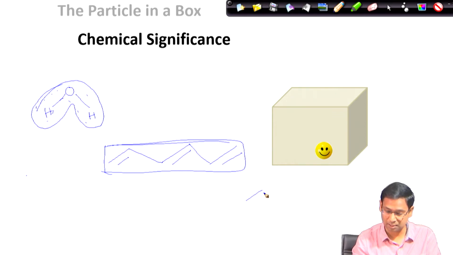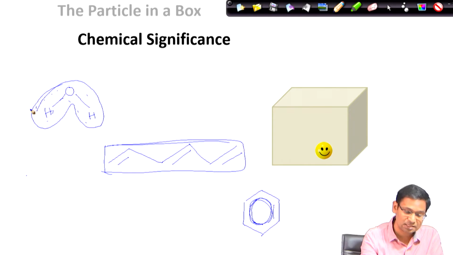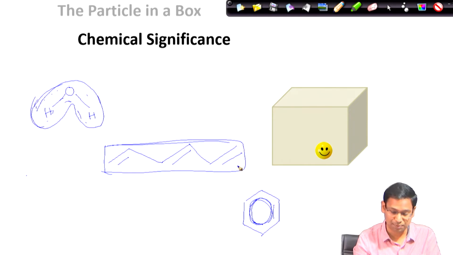Similarly, if you imagine the benzene molecule, we know that we have 6 pi electrons, and these pi electrons are again delocalized over the benzene ring. So, in this case the electrons are restricted in this box, in this case in this box, and here in case of benzene they are restricted in this box.